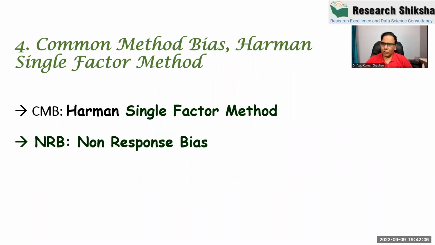Along with common method bias, another bias is known as non-response bias, and many reviewers ask whether you have addressed the non-response bias. Non-response bias means, suppose you say that the response rate in my study is 20%.